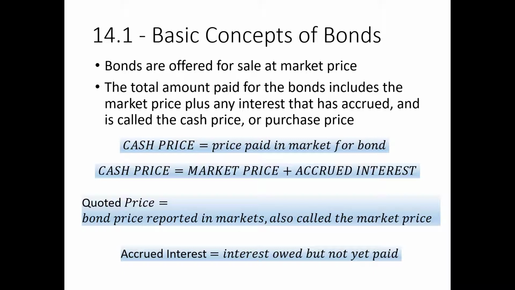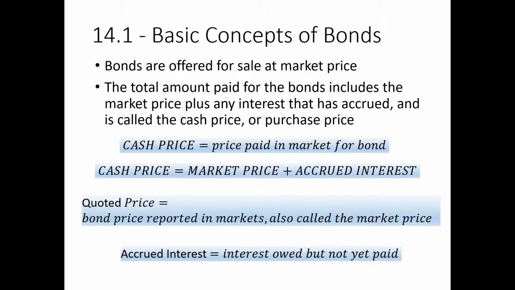So in order to be able to compare across bonds with different coupon payment dates, they make a little bit of an adjustment for that accrued interest. And they call it the quoted price, just so you can facilitate some cross comparisons of bonds where the coupon payments are at different periods and the amount of accrued interest is different for different bonds.